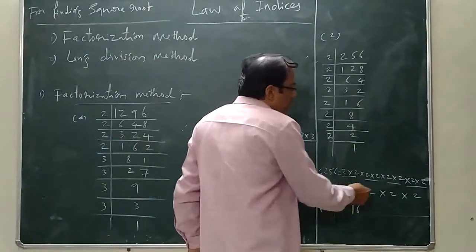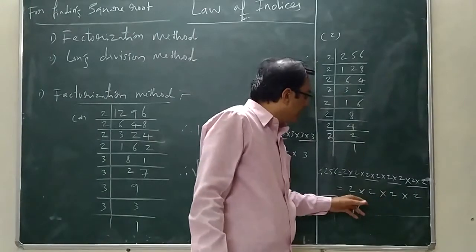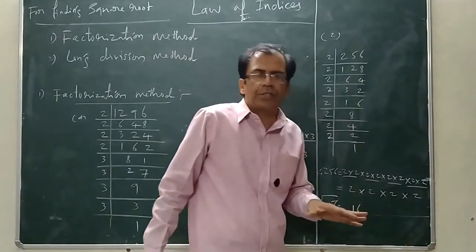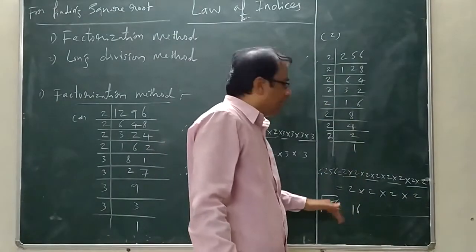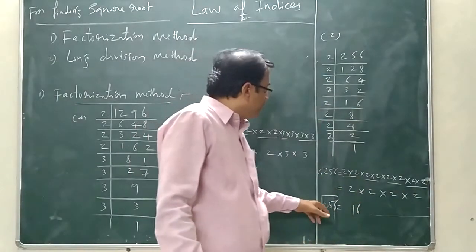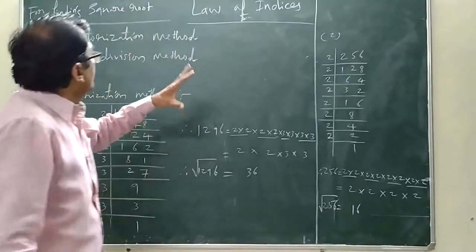First we have taken 2. You are getting 4 twos at the end, and after multiplying you get 16. So this is how 16 is the square root of 256. So this is the final thing.